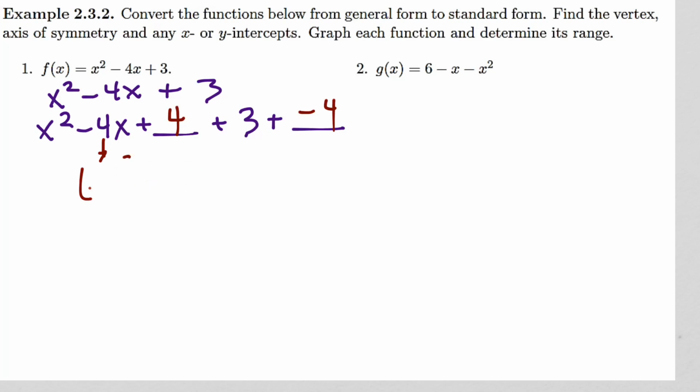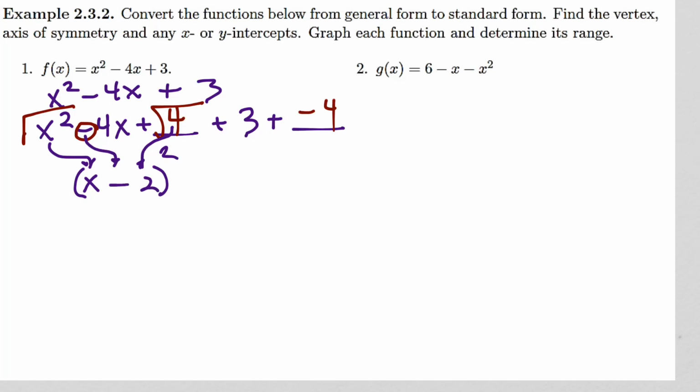All right, now I can go ahead and utilize my knowledge of the pattern to write the perfect square trinomial in factored form. So you take the square root of this one, and you use this sign here. So the square root of x squared is x. The square root of 4 is 2, and then the minus goes in the middle.